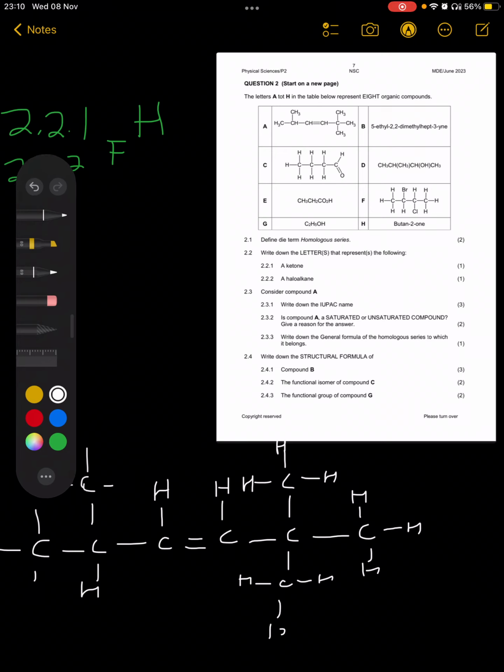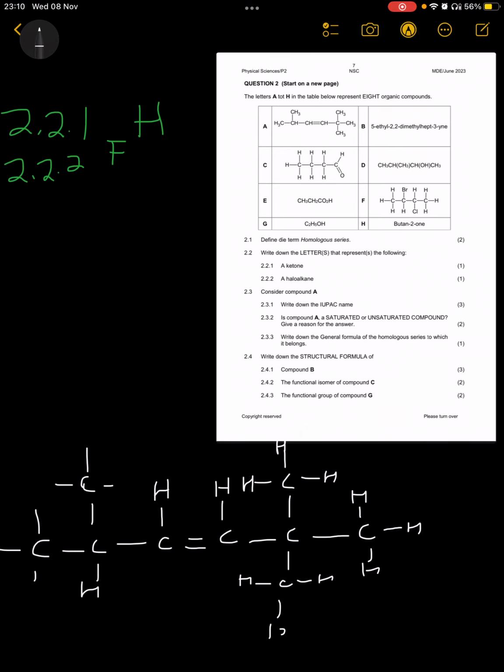Now let's fill in our H's. Right, I think we have all of them in there. Okay, they want the IUPAC name.